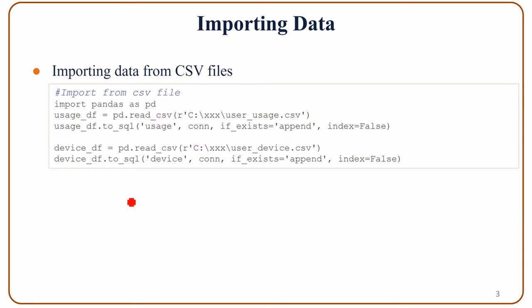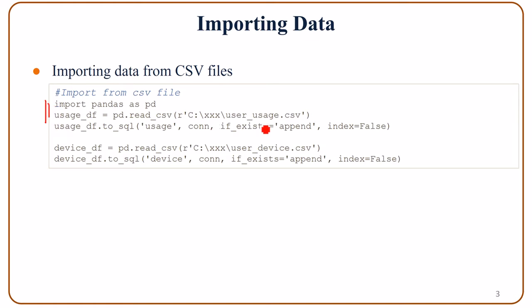Usually when we start with a database, we have files, and basically there are many CSV files that we need to import into the database. So usually we can do this via pandas.